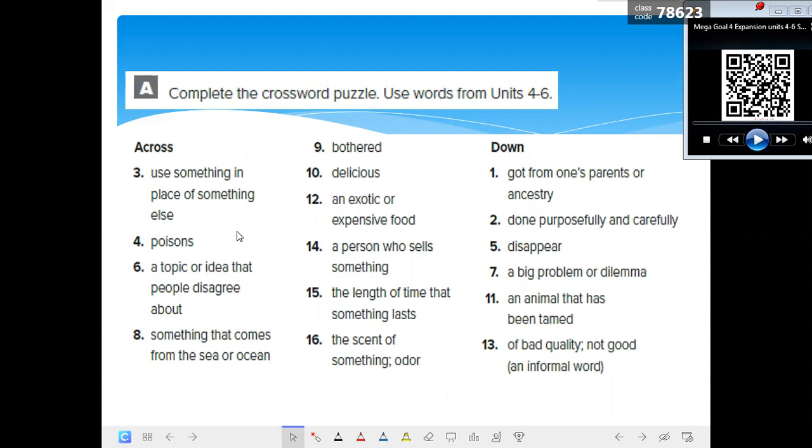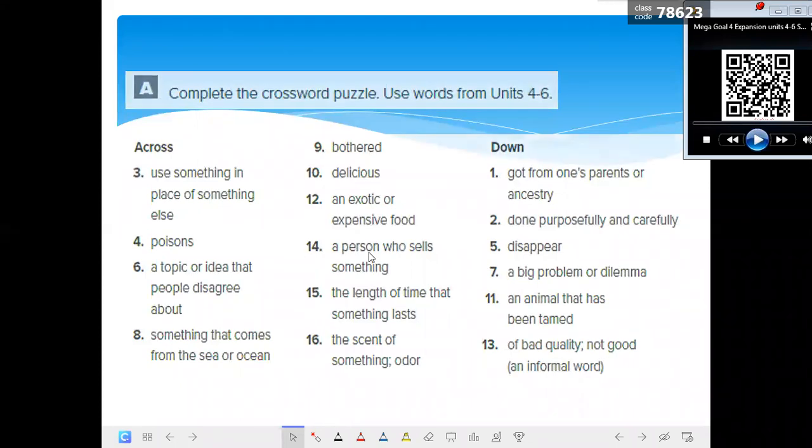So he wants you to study them carefully. You have to know the words and their meanings. I think he gave us the meaning and he wants us to say the word and write these words on the crossword puzzle.